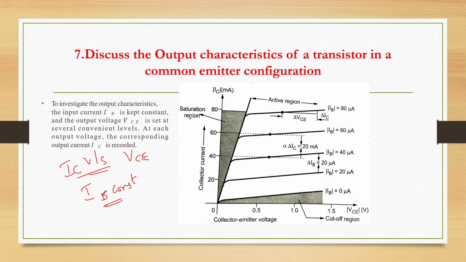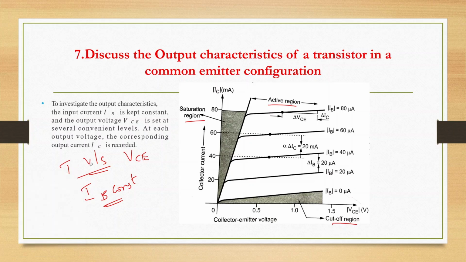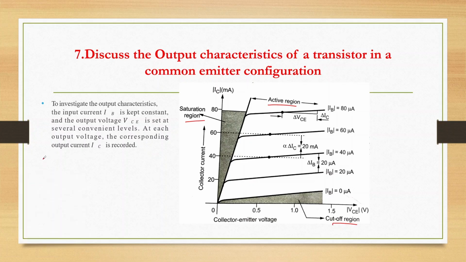Here the output characteristics are divided into three regions: saturation region, active region, and cutoff region. One by one we will discuss. First is the saturation region. Here what happens?